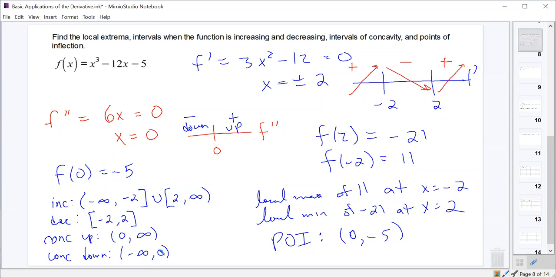For increasing and decreasing, you have to use brackets on the endpoints, as long as the endpoints aren't infinity, because that's not really an endpoint. I disagree with the College Board saying these should be brackets. I think these should be parentheses also, because you're not increasing or decreasing when you're up here at -2, 11. You're not increasing or decreasing at that point. At that point, you are transitioning between the two. All right. So answer your question? Good?